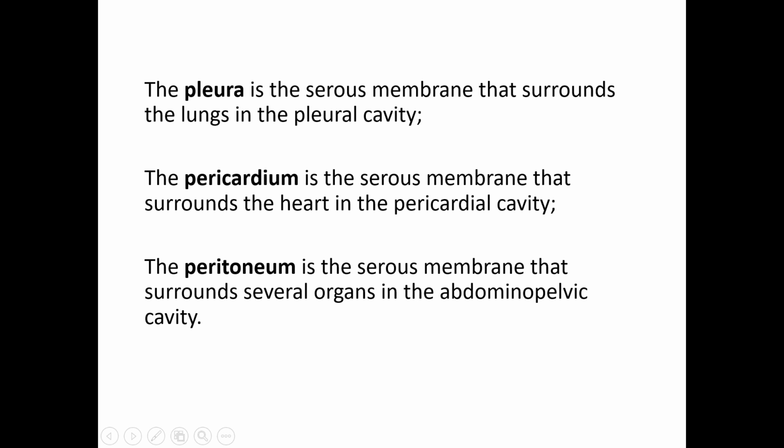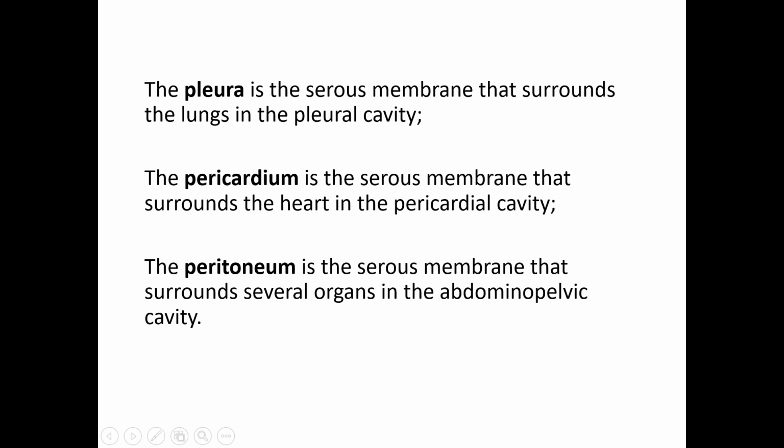We also have other membranes, like for example the pleura. It's a double serous membrane that surrounds the lungs. And of course there will be parietal and visceral pleura. Visceral pleura surrounds the lung itself, and parietal would be the outer layer of the membrane. Between them there will be a pleural cavity with some amount of fluid.